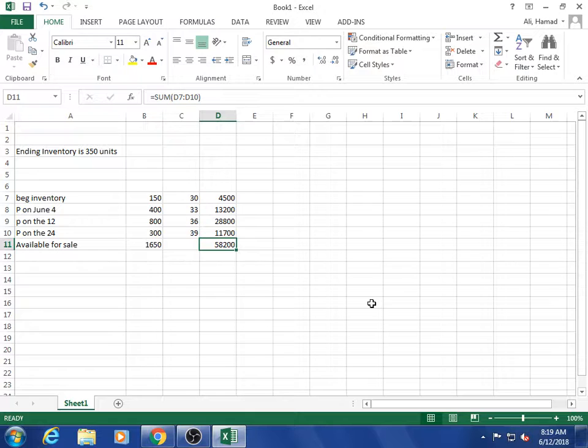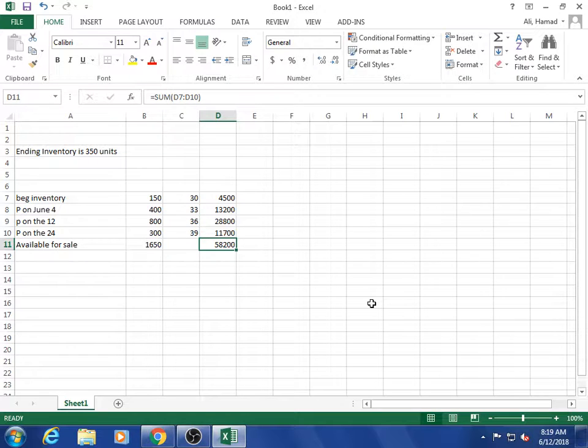Now we want to find the average cost per unit, because they are asking us to compute the cost of ending inventory, cost of goods sold, and the gross margin using the average cost.